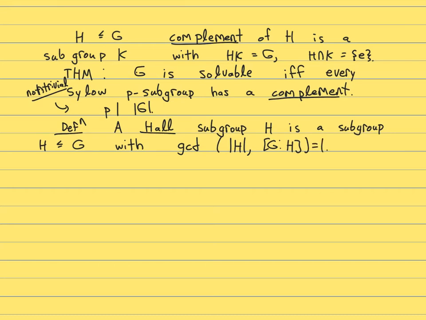Why? Because that's exactly what happens in this case. Its index is exactly a power of a prime, and its order is the product of the other powers. It's worth pointing out, actually, Hall pi subgroups are also Hall subgroups.